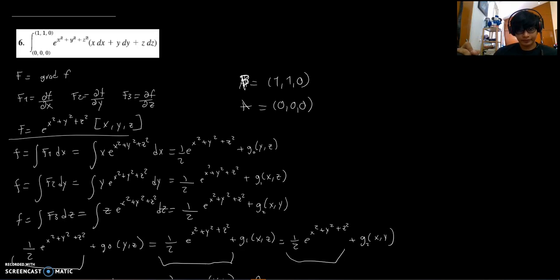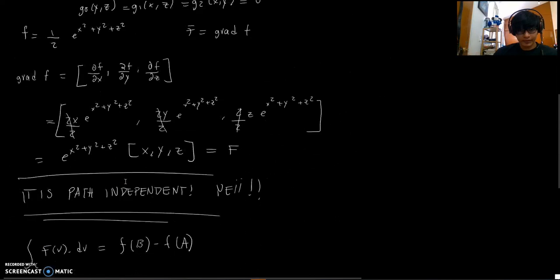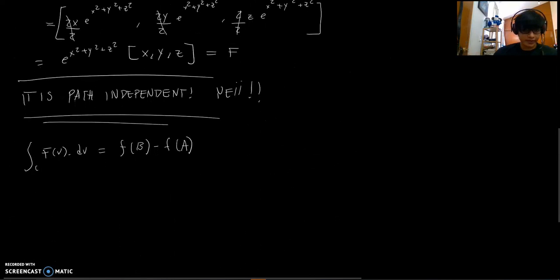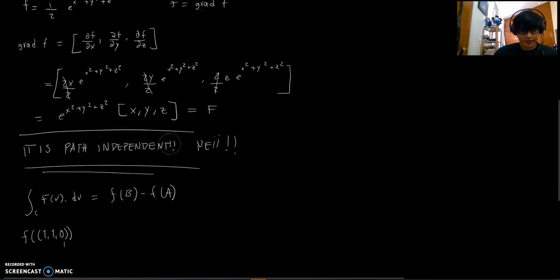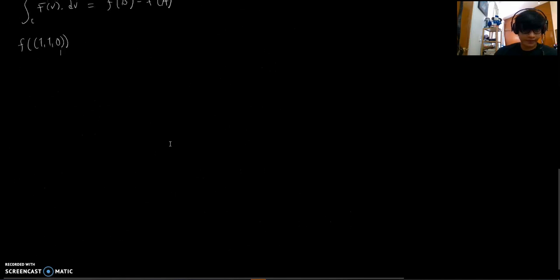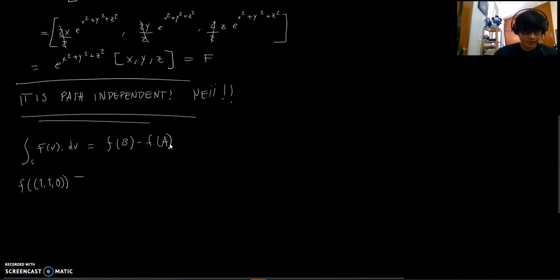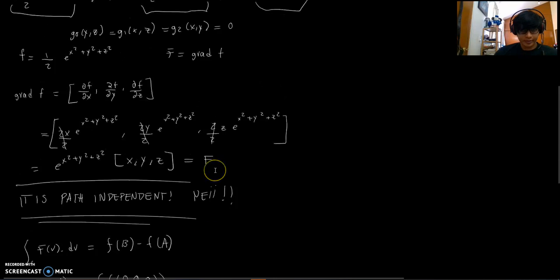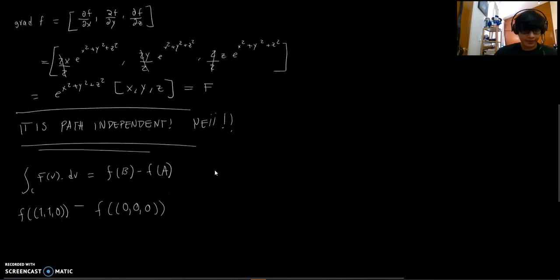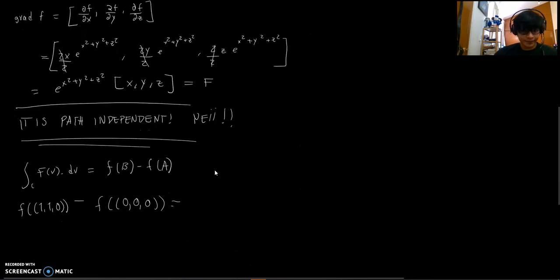Then the integral can be evaluated as f at (1, 1, 0), which was b, minus f evaluated at (0, 0, 0). It's easy as that.